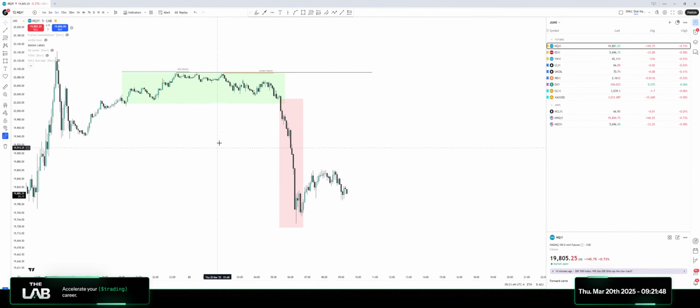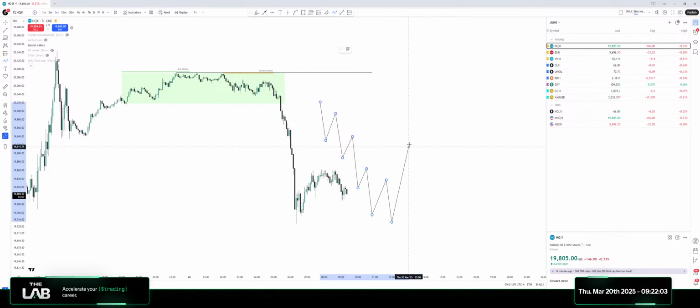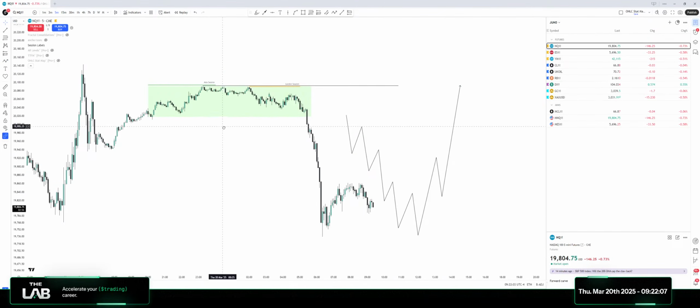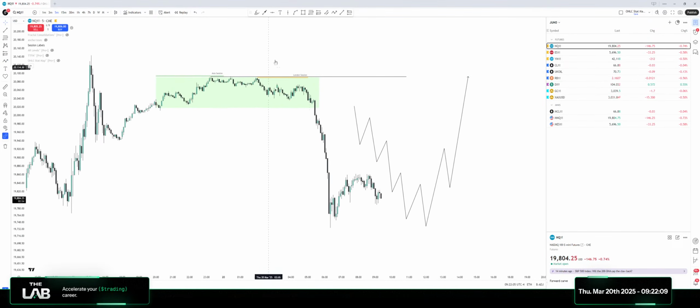I usually like a sustained move down once we have the smooth edges. Instead of just a straight drop down, I prefer a slow grind down, because that way it doesn't feel that heavy, because my idea is to actually long towards these smooth edges.